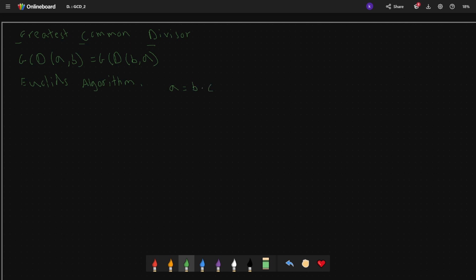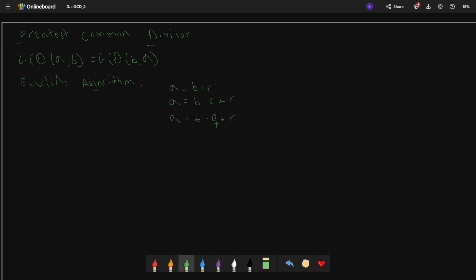And if this isn't the case, then we can write a as a product of b and c plus some remainder value that, added on to b multiplied by c, will equal a. In the previous video, we called c the quotient, q, and r the remainder. So let me write that quickly. So we actually had a equal to b multiplied by q plus r.